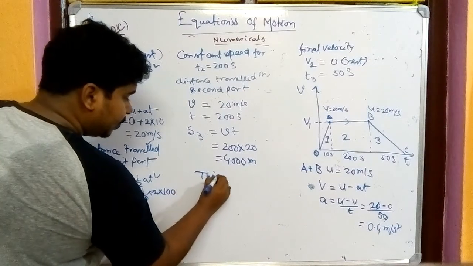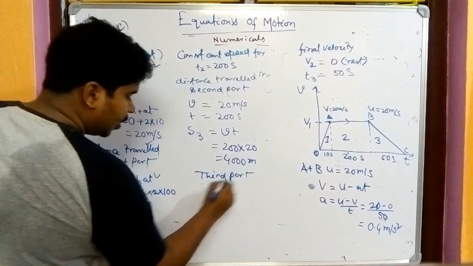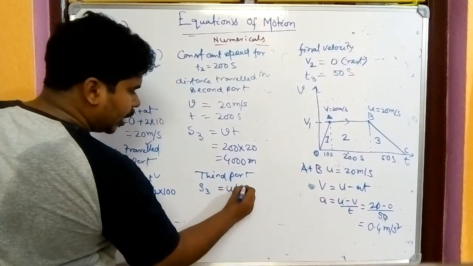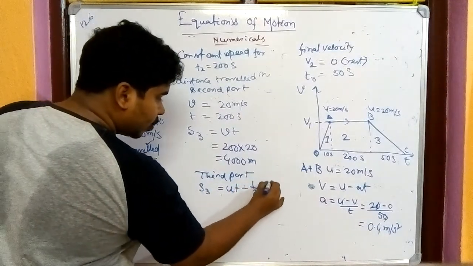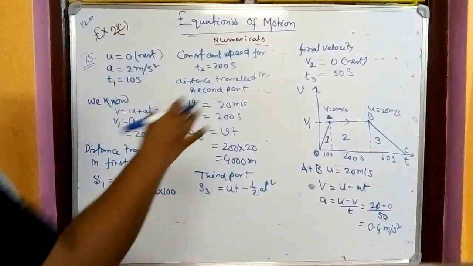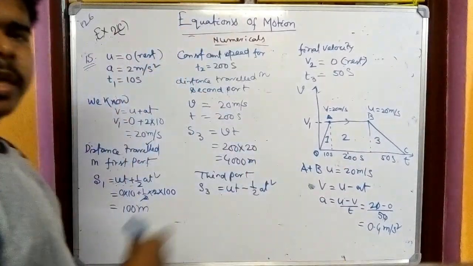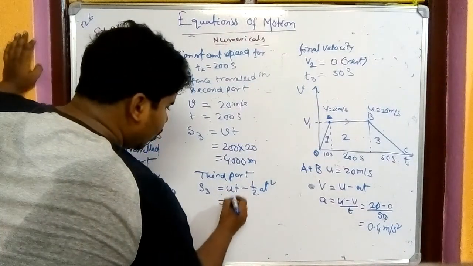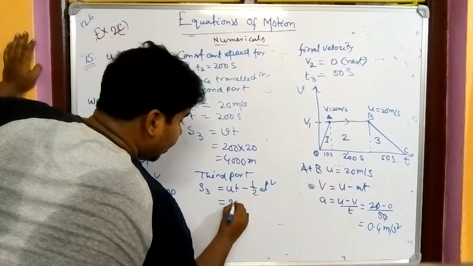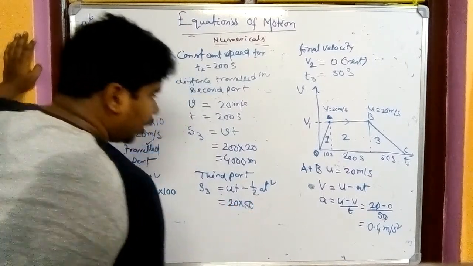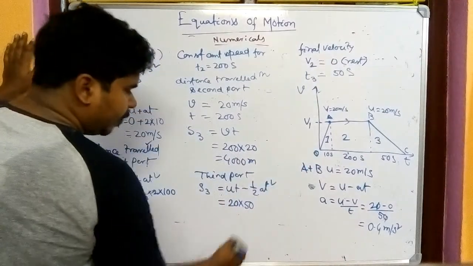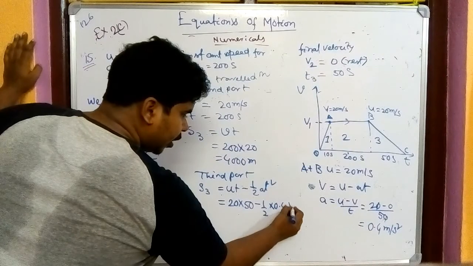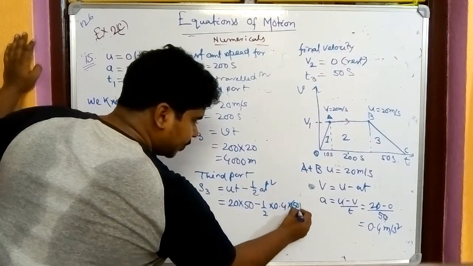Third part, S3, you can take as ut minus half at square. Why have I taken minus? Because the last part, the third part, is a retarding portion. Retarding portion means velocity is decreasing. So u is 20 into 50, because time is 50, as given here, minus half into 0.4 into 50 square.